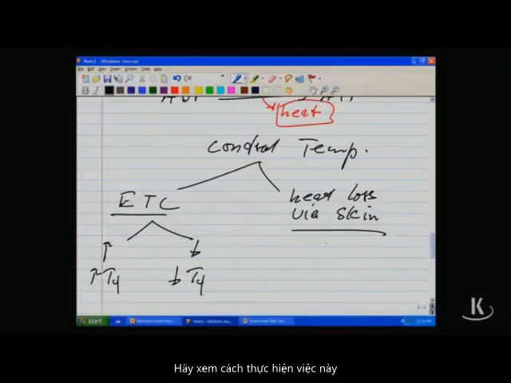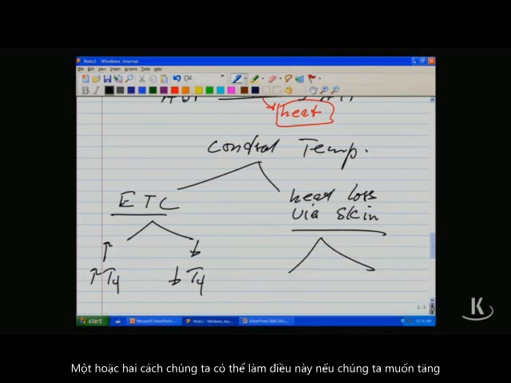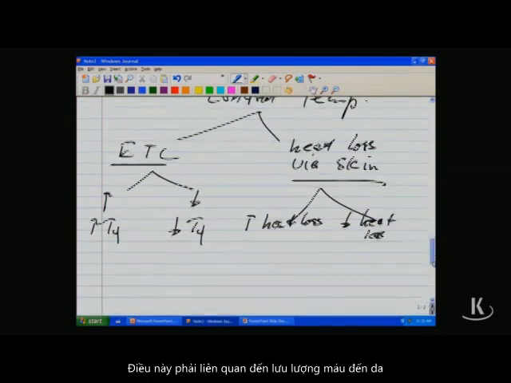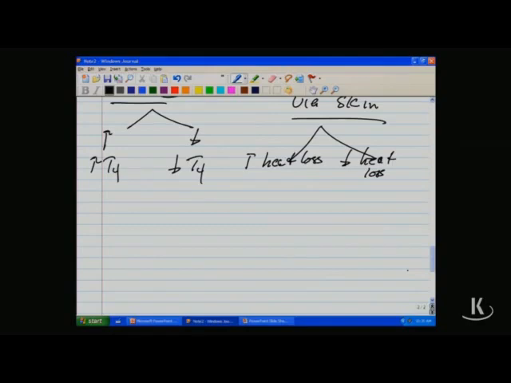Let's look at how this is done. Heat loss. There are one or two ways we can do this. If we want to increase heat loss, or we want to decrease heat loss, this must be linked to blood flow to the skin. If I want to increase heat loss, then quite naturally I should increase flow to the skin.